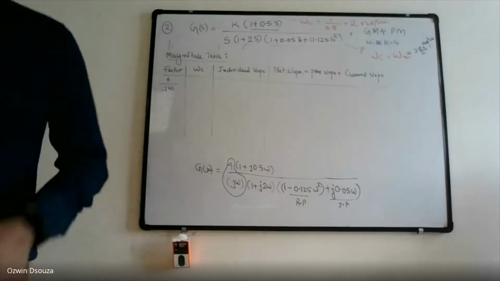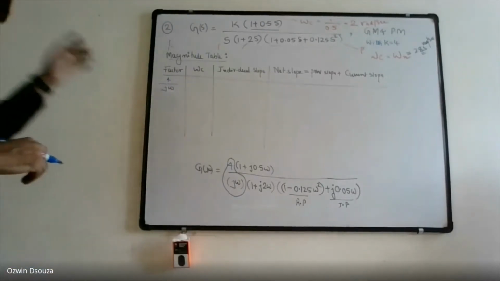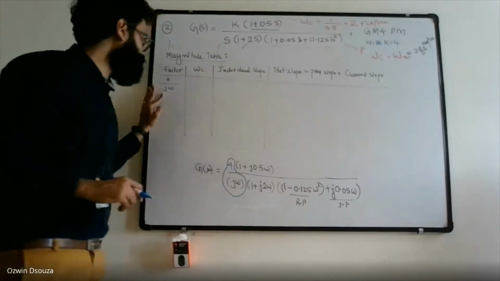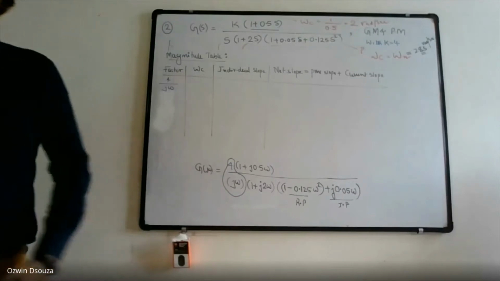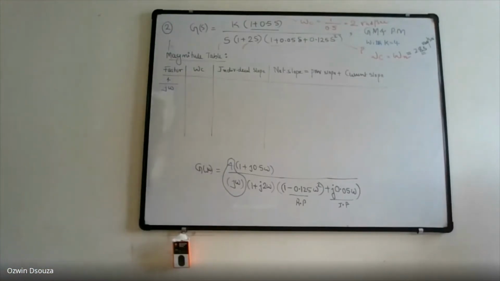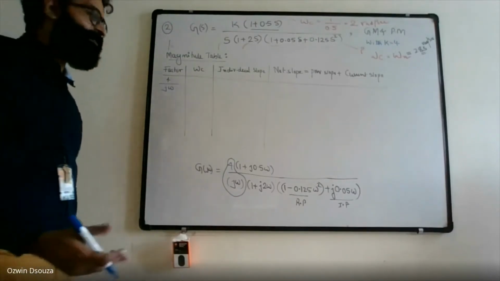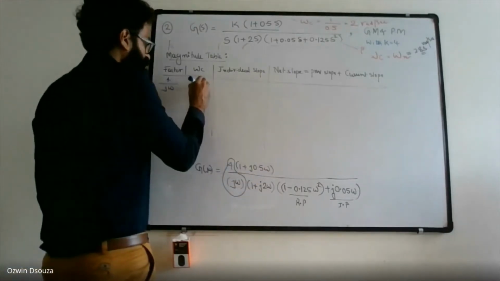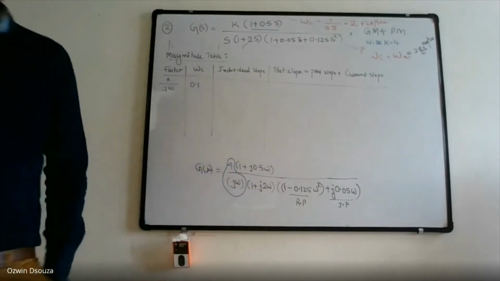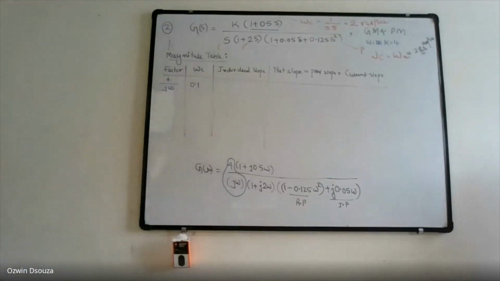The corner frequency is actually 0 because this is a pole at origin. But you cannot consider 0 in Bode because 20 log of 0 is infinite. Hence, let us start with a small corner frequency of 0.1 radian per second, the starting point of our Bode plot.